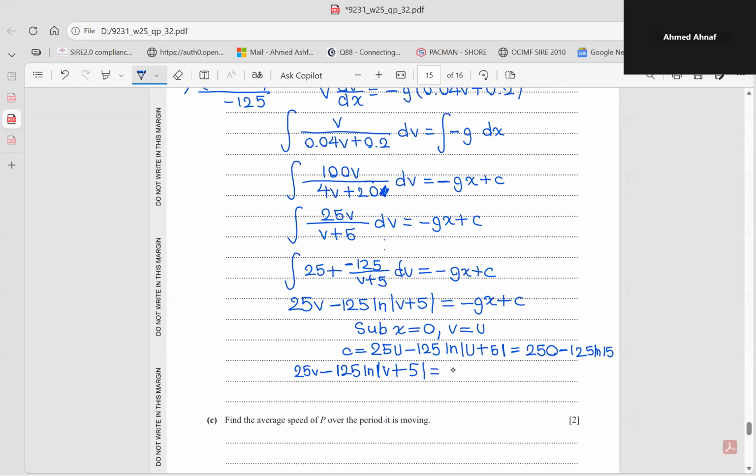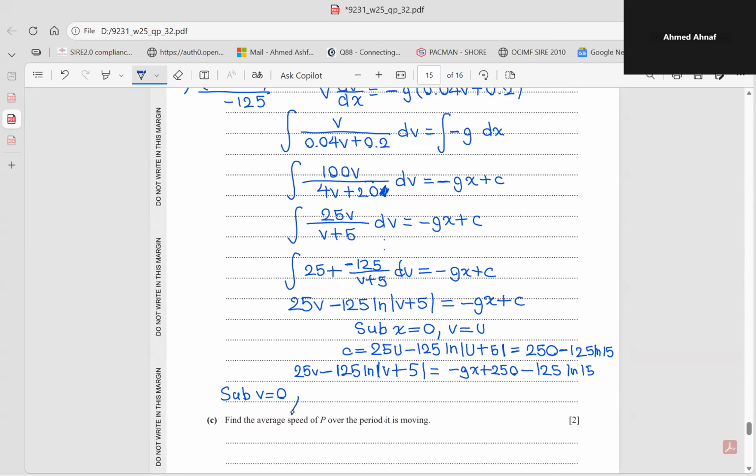Equals minus gx plus 250 minus 125 ln 15. Okay, so we can sub v equals 0.